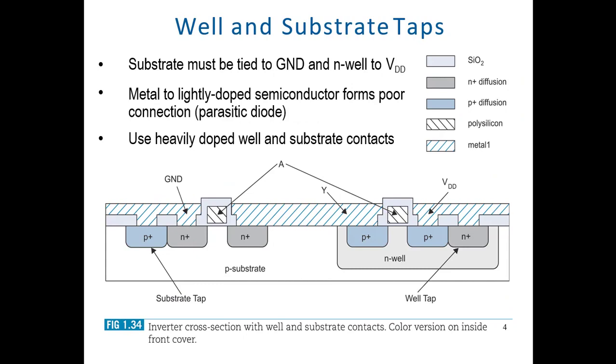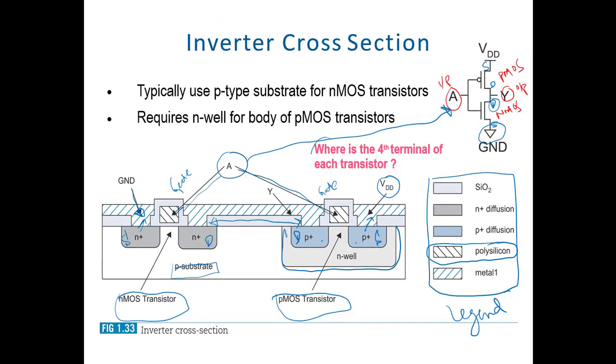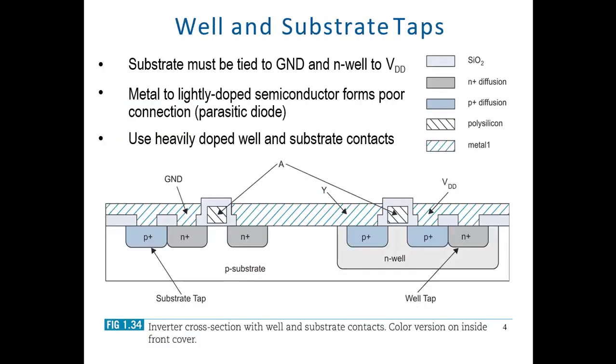There was a question: where is the fourth terminal of the transistor? Normally we just say this is the source, this is the drain, and this is the gate. But actually there is another terminal called the body terminal.